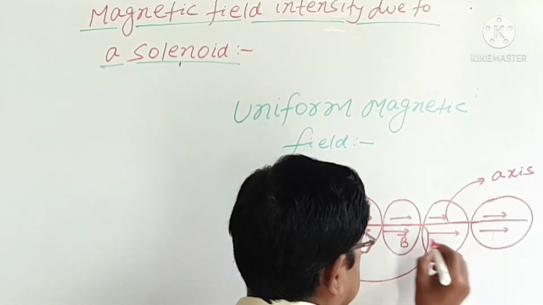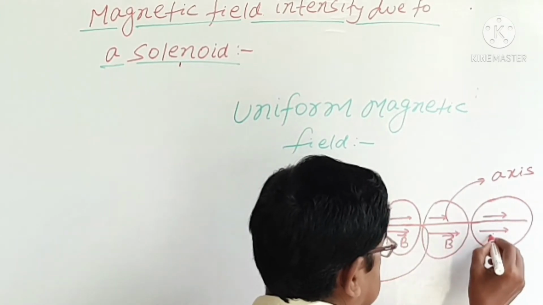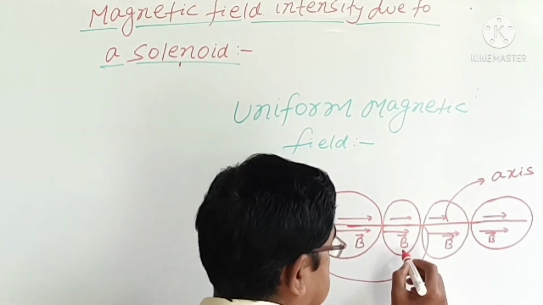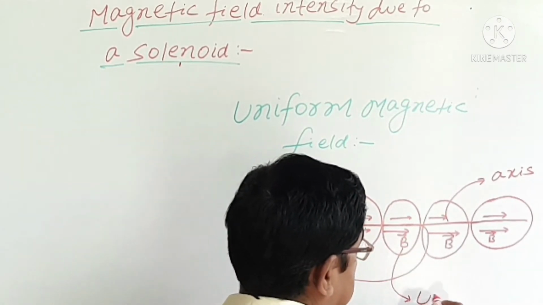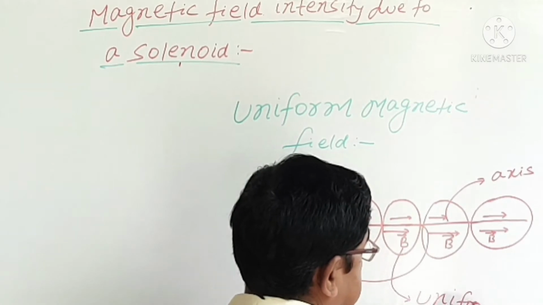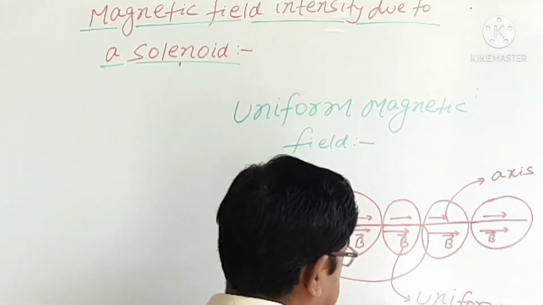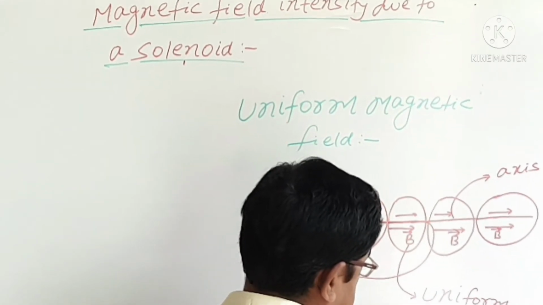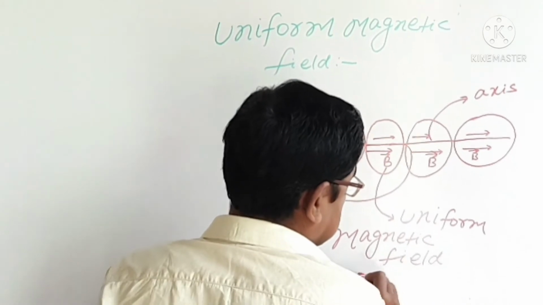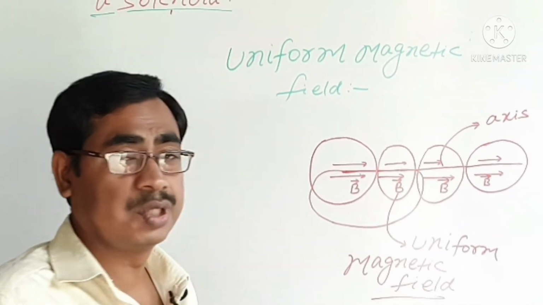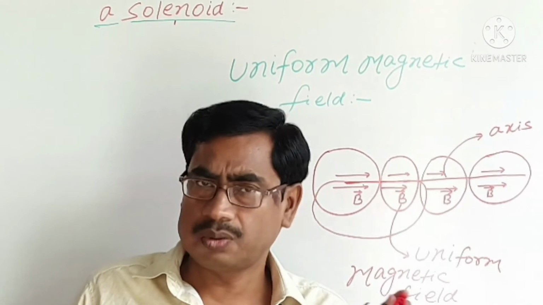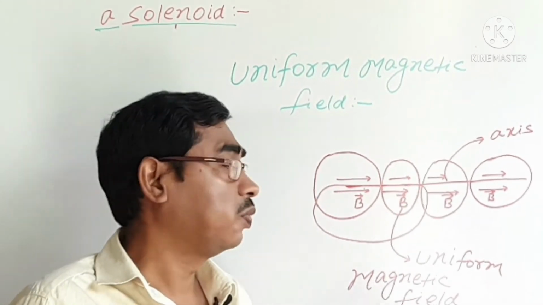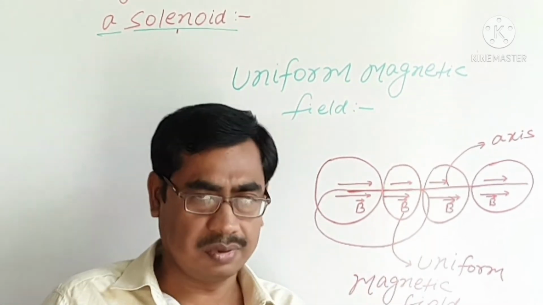This is B, this is B, this is B. Then we say this B is a uniform magnetic field. Okay. This is the concept of uniform magnetic field. So we have learnt what the concept of magnetic field is when it is treated as uniform.